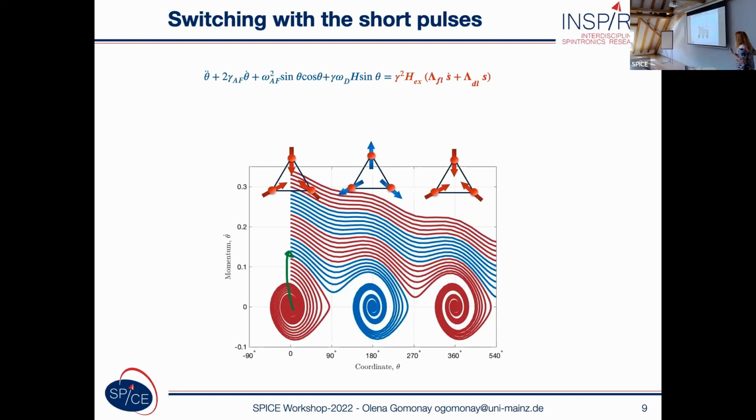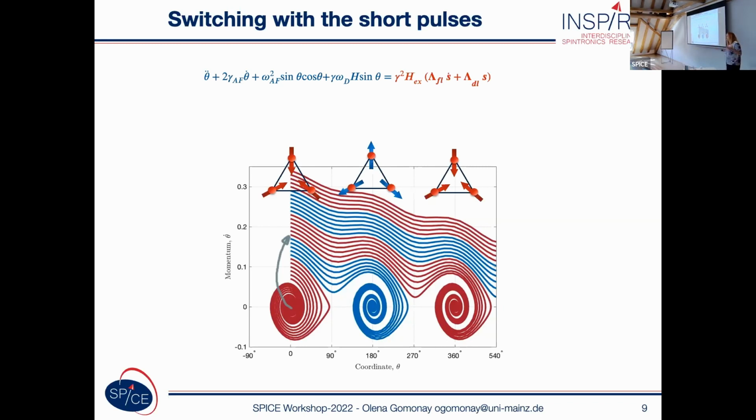And then we can get a switching if this kick is properly tailored, because then we can kick the system to this blue area, which ends up in the state with opposite magnetization. However, we should be extremely careful, because if we apply too strong an initial pulse, then the system will rotate too much and end up in the initial state.